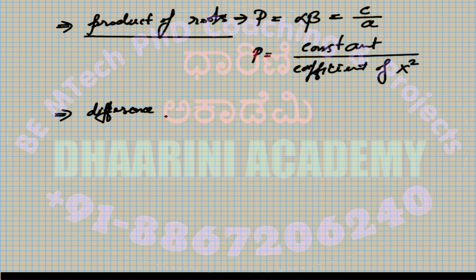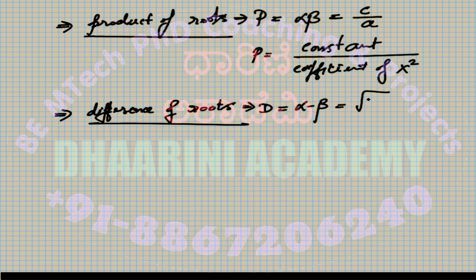Difference of roots denoted as d dash, which is equal to alpha minus beta, can be calculated as the root of d by a. Let me denote this as d dash, because I'm writing a d over here. You can replace this d with b square minus 4ac divided by a.